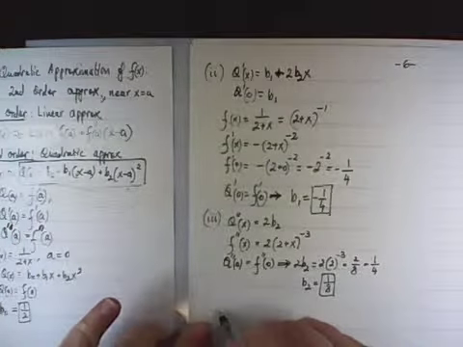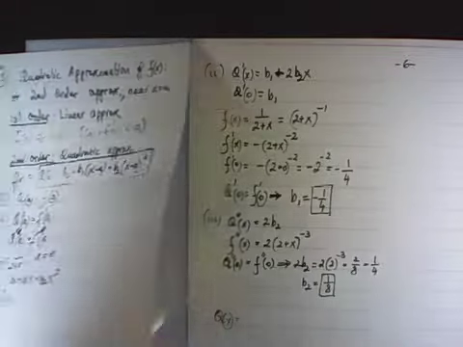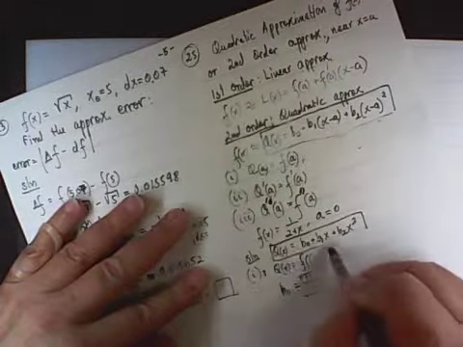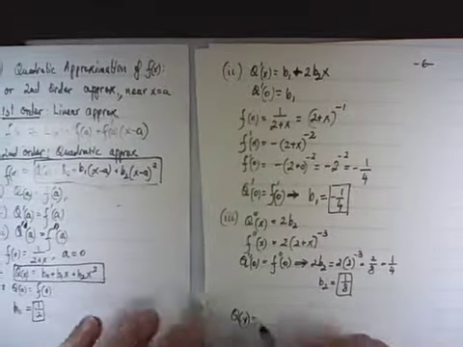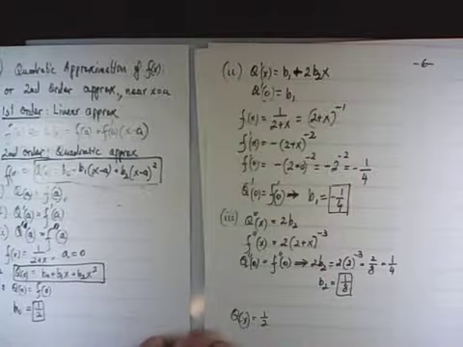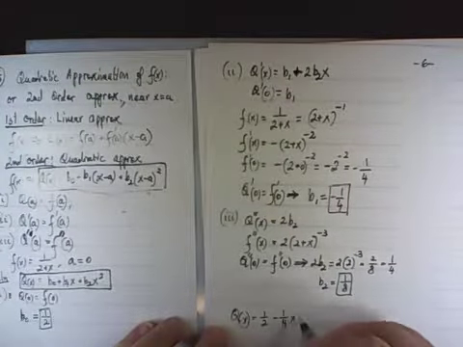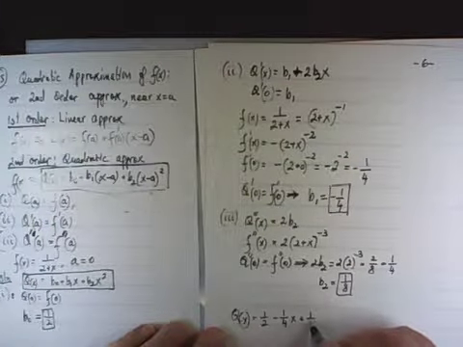So q of x, remember it was right here, this is where we started: b sub 0 will be 1/2, b1 is negative 1/4 x, and b2 is 1/8 x squared.